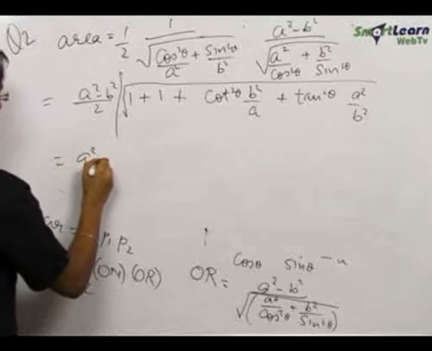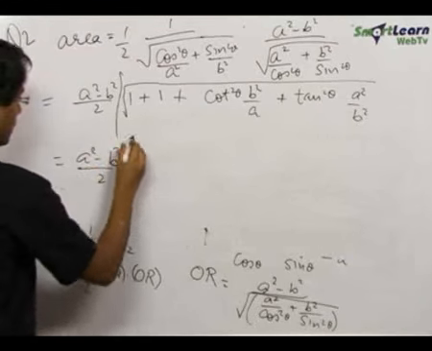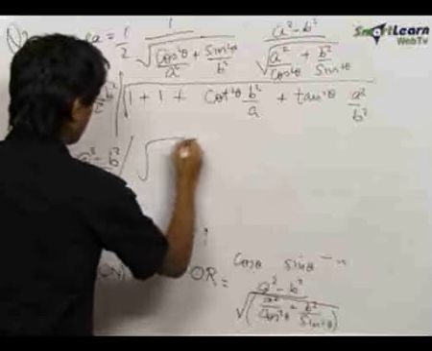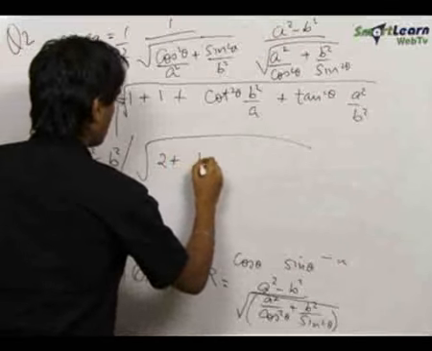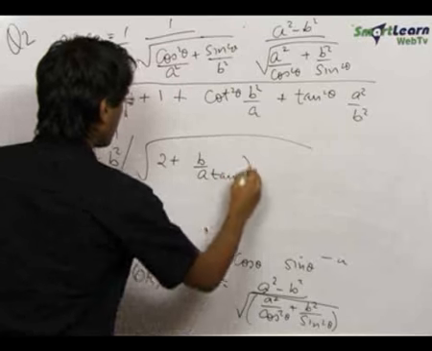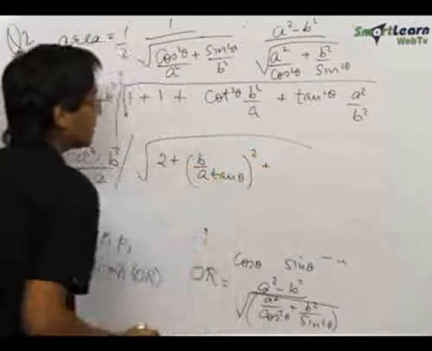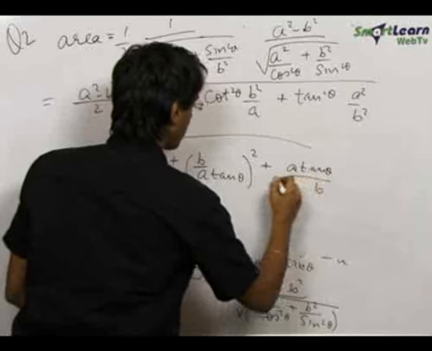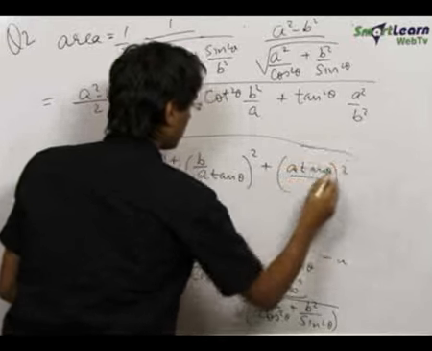This becomes a square minus b square by 2 divided by 2 plus (b by a tan theta) whole square plus (a tan theta by b) whole square.